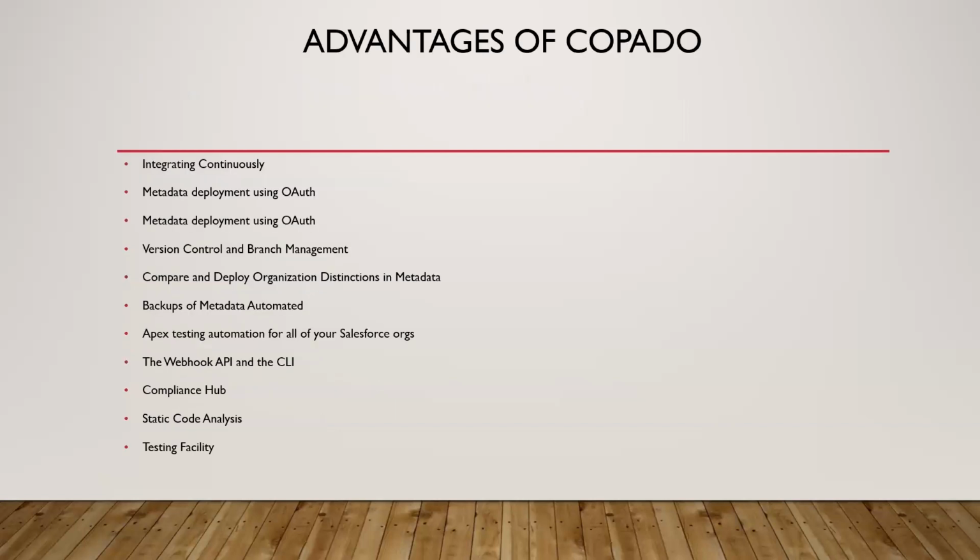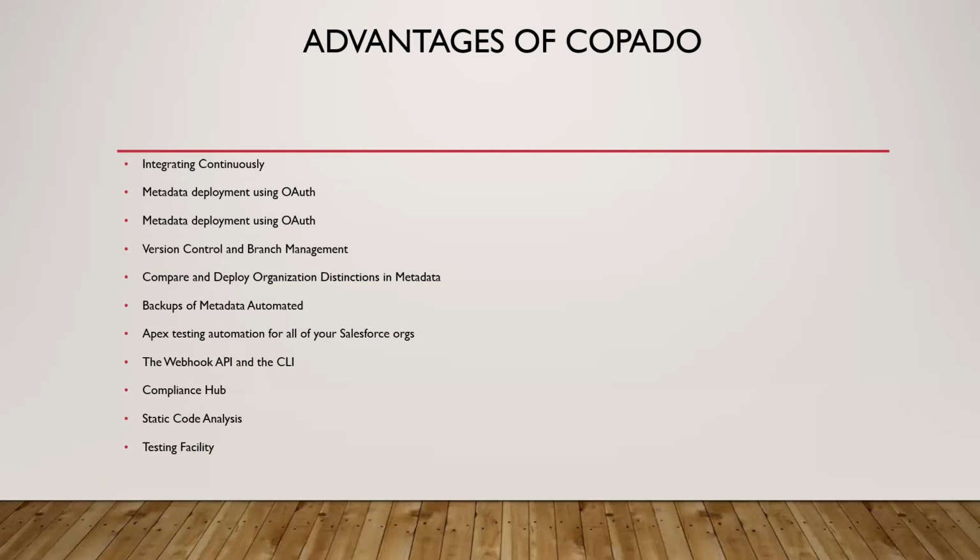Okay. So what are the advantages? If you talk about the advantages, first, integrating continuously, metadata deployment using auth, version control and branch control management. So in Copado, basically continuous integration, for example, in our project 10 developers are working, but one of us is working on one feature, and another developer is working on another feature, and we also deploy in another environment.